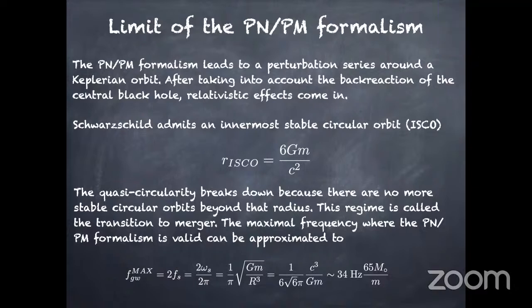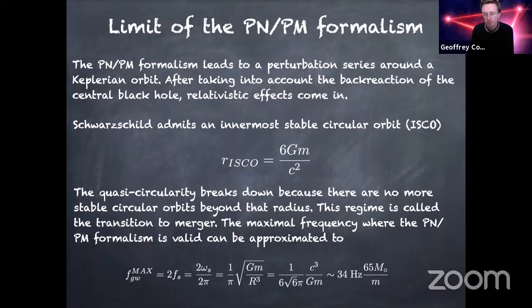Sorry, can I ask a question? Sure. So this f max that you obtain here involves 1 over m. If m, the total mass, is less, then the maximum allowed frequency increases, right? Yes.